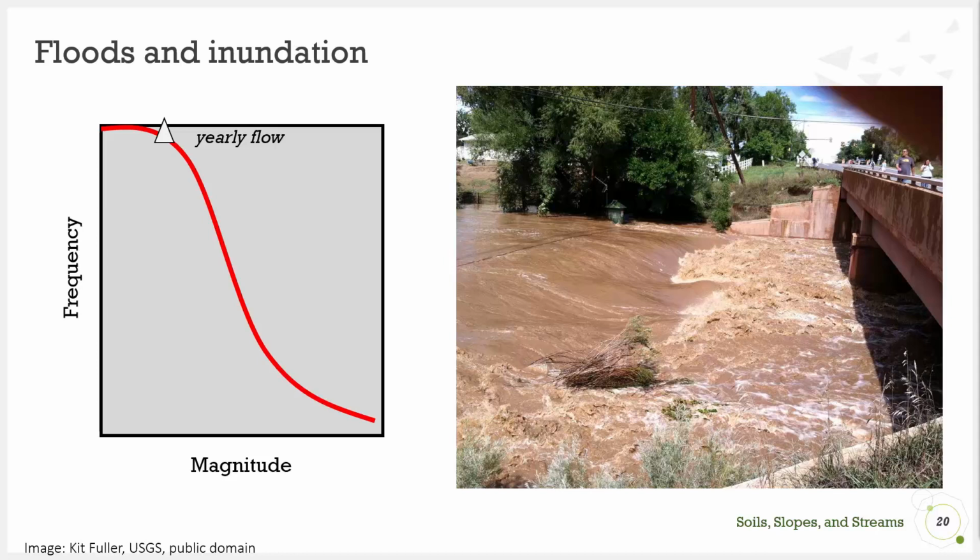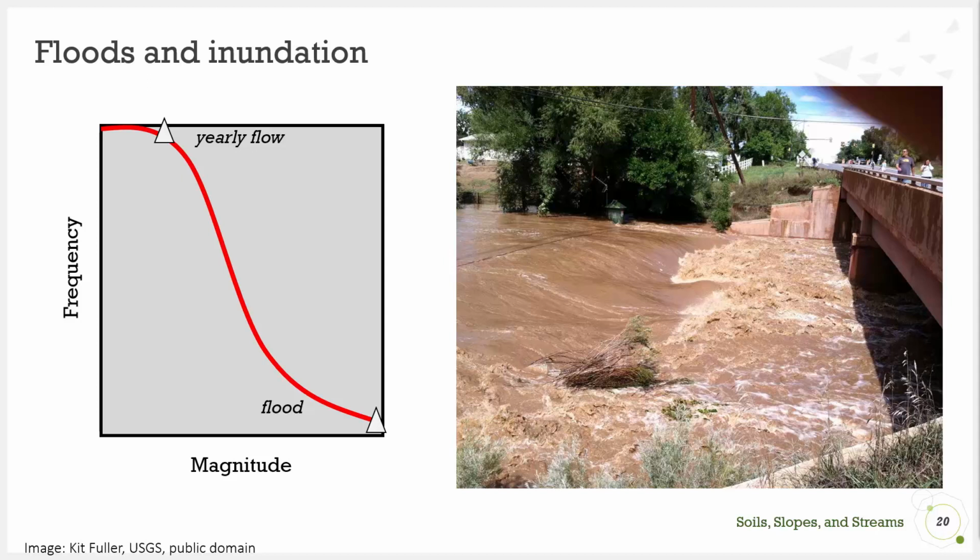At the other end, down to the right, we have a higher magnitude flood. This is less likely to occur, and these relationships for rivers are generally derived from real data, which sometimes might be quite limited. When someone calls a flood a 100-year event, it just means that it's calculated to have a 1% probability of being exceeded in a year.